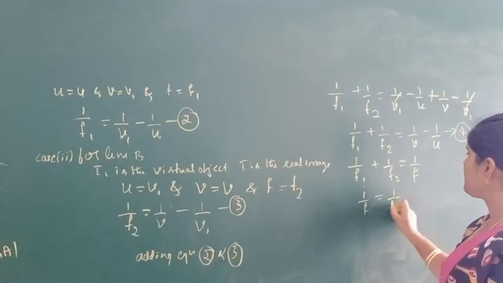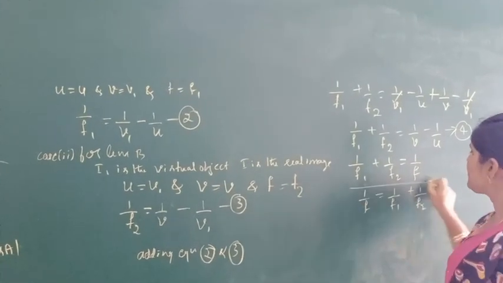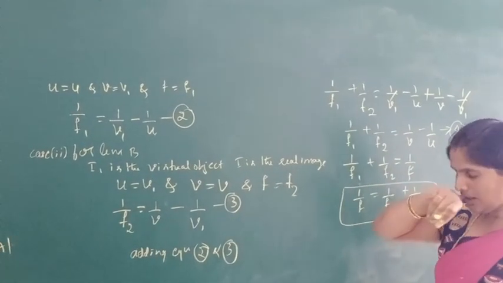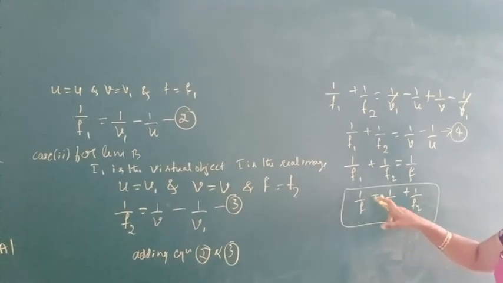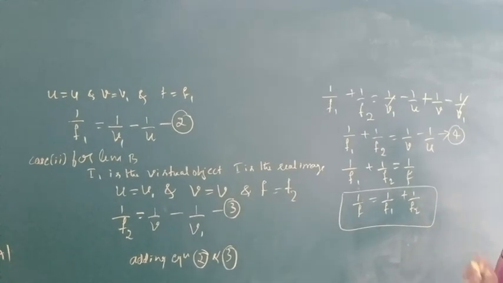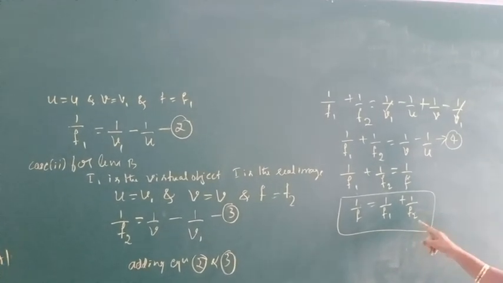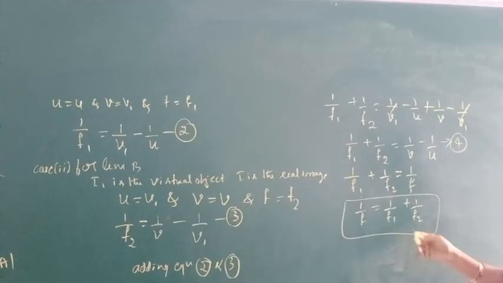This is the effective focal length or equivalent focal length of two thin lenses which are in contact. This is the formula for effective focal length.